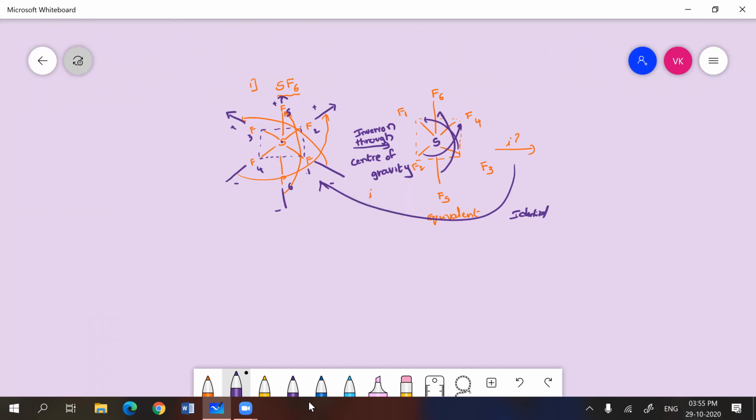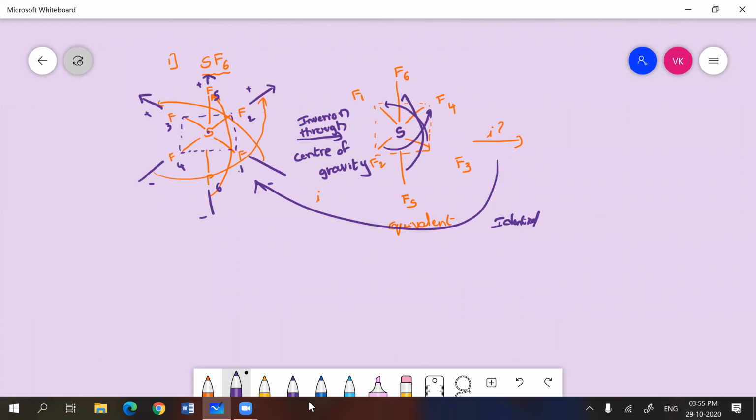Let me draw that structure also. After doing this operation, what we are going to get here is sulfur in the middle, and there are 4 ligands in equatorial position and 2 ligands in axial position. First draw the structure and later give the names.